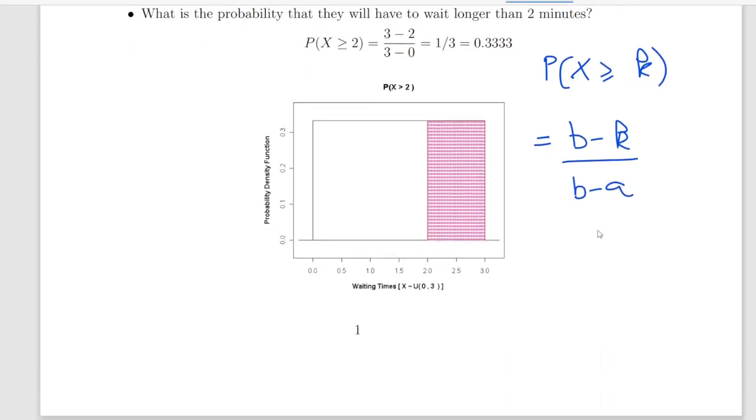So in this case, we have 3 minus 2 divided by 3 minus 0, which is 1 over 3. So the probability is 1/3, 0.33, 33% essentially.